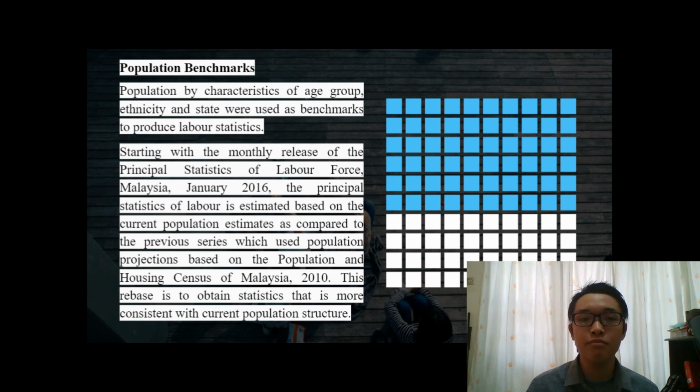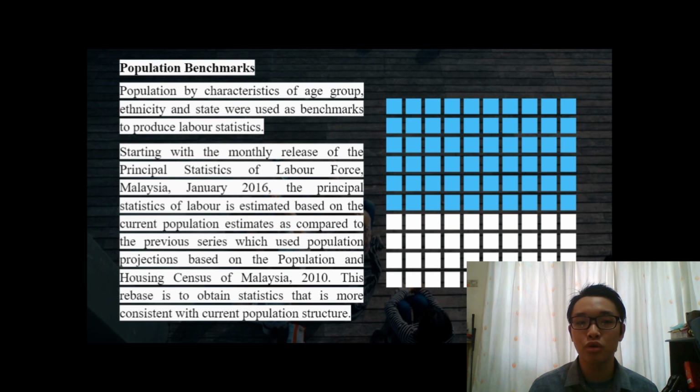The population benchmarks, the population by characteristics of age group and ethnicity, were used as benchmarks to produce labor statistics. This is how we use the numbers to form the bar chart, pie chart, dotted plot, whatever.